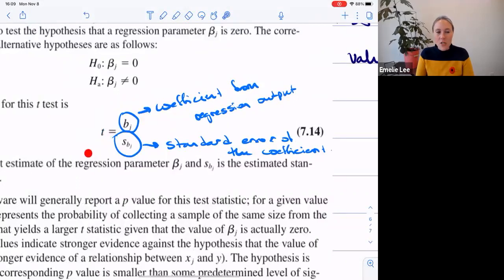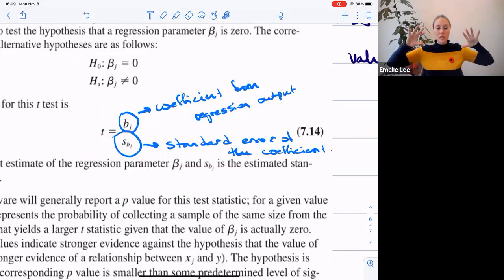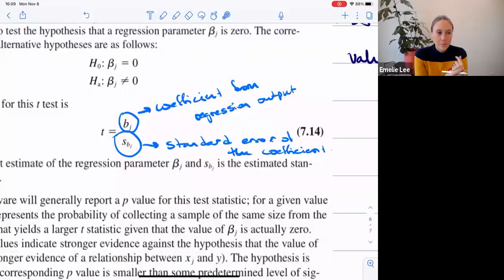Now, we've seen just briefly that t is basically a normal distribution, except it depends on the degrees of freedom. We don't need to worry about how many degrees of freedom I have, because it's always included in our regression output.